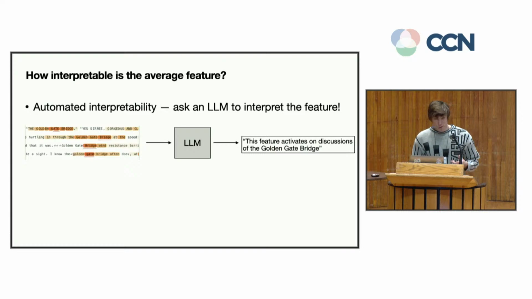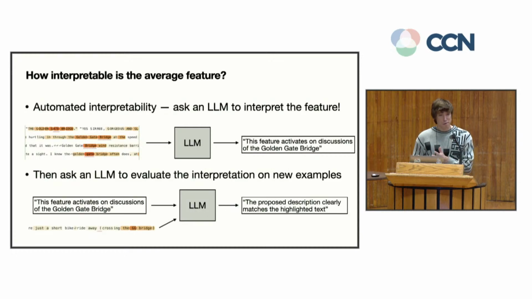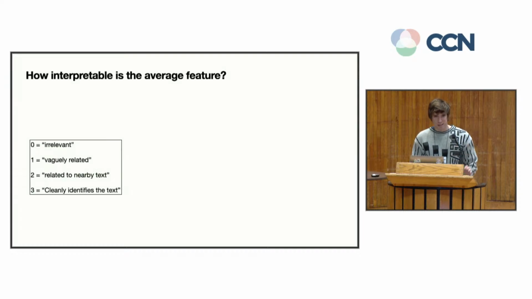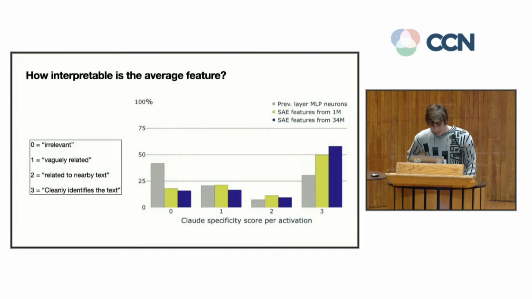What we do is we show Claude, our language model, samples of data set examples that activate the feature, and then we ask it to come up with an interpretation of what the feature does. Then we ask another instance of the model to take in that proposed interpretation and some new examples and rate whether or not the new example has anything to do with the interpretation. We use a rubric, and we get some statistics.